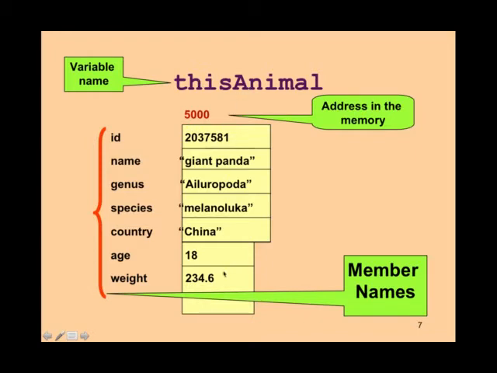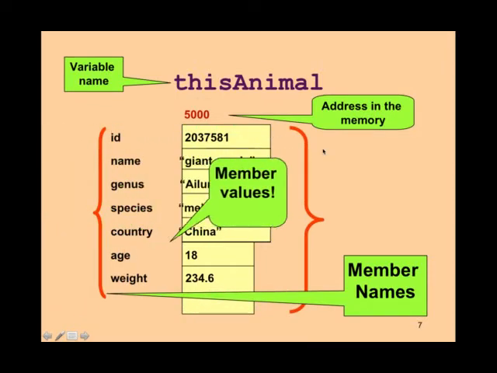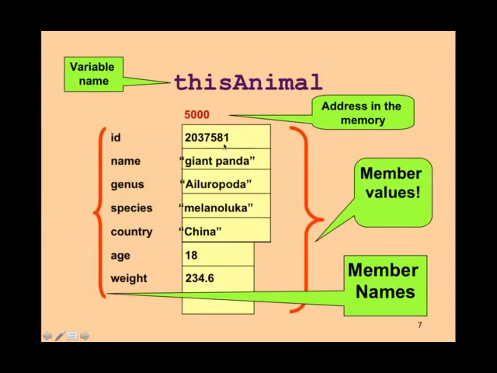They will also be contiguous in memory like an array, but their access will be different. And this will be the starting address, 5000, of this animal in the memory. This is the variable name. And next, these are the member names, and once we fill them up, and we will talk about how to fill them up later, these are the member values.